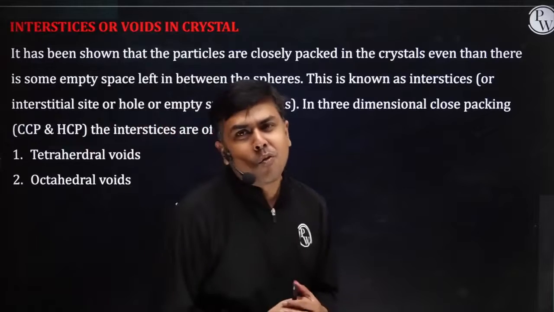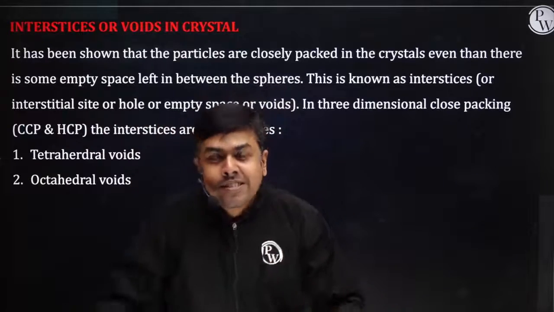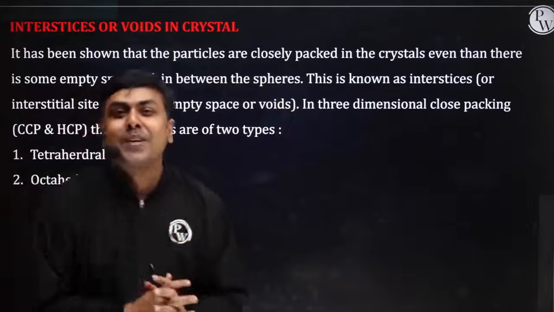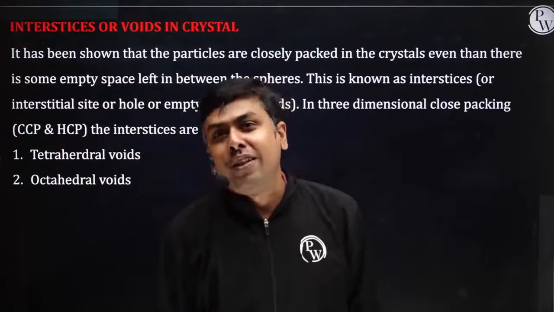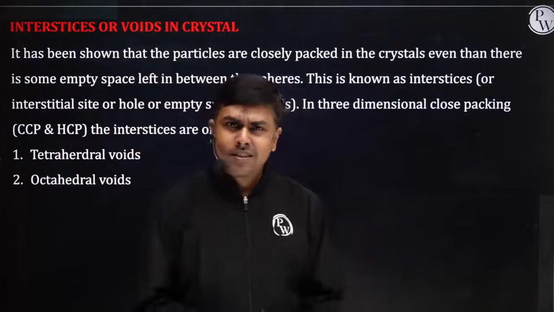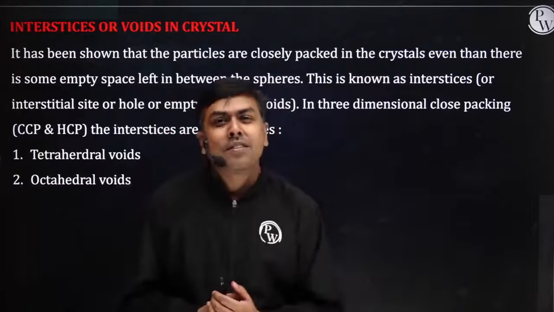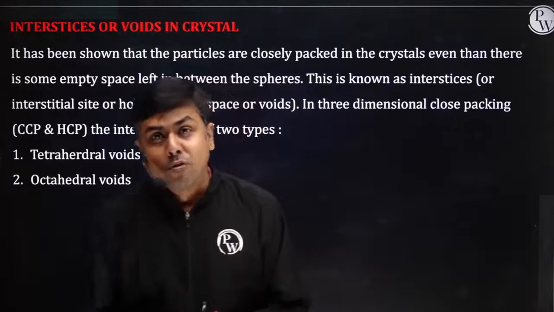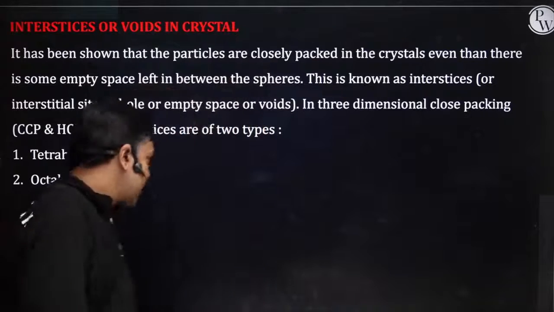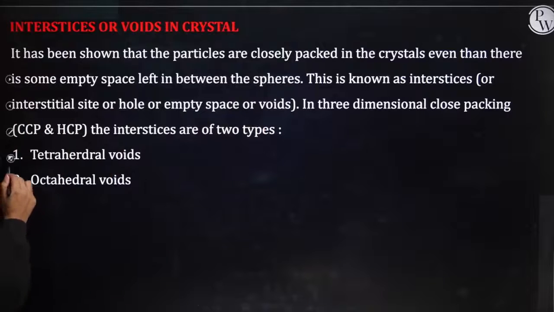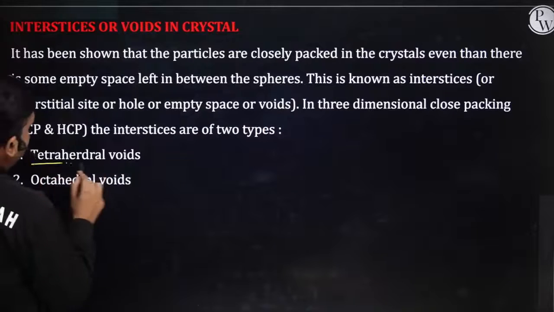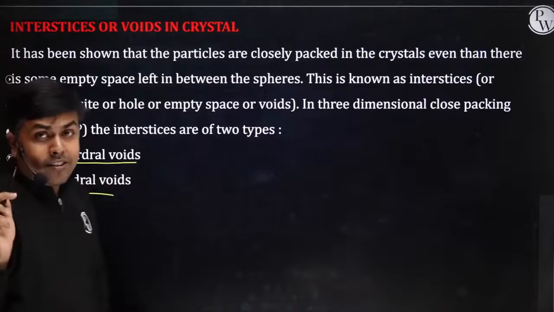Students, just now we have seen whenever we were stacking the solids and doing the close packing of solids, we were getting some voids. We were getting triangular voids. We have some more important types of voids. The first one is tetrahedral void and the second one is octahedral void. We have studied triangular void also.